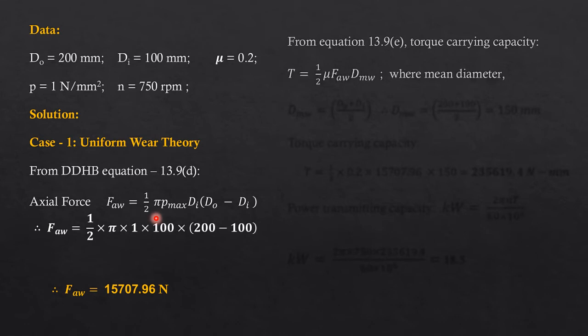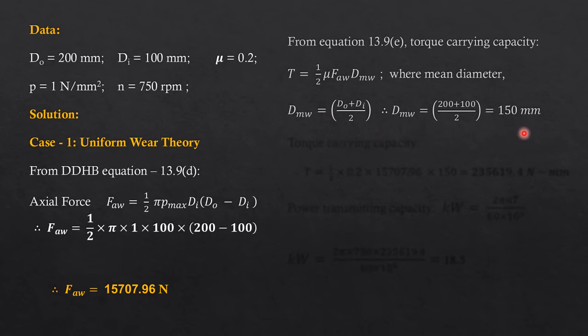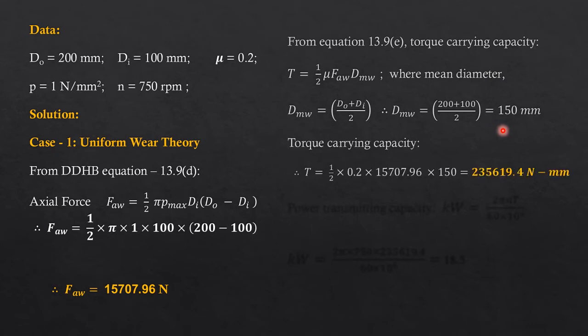Now torque we know is obtained from equation 13.9e, where you have torque as 1 by 2 times mu into axial force into the mean diameter d_mw, and we know that for uniform wear the mean diameter is the average of the inside and outer diameters, and the average turns out to be 150 millimeter. So substituting everything, we can solve for the torque.